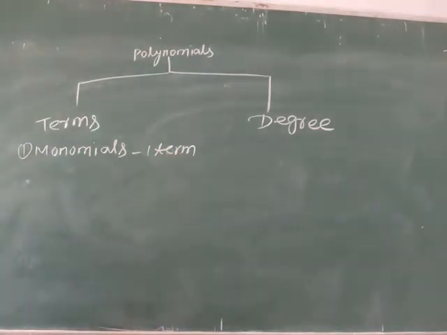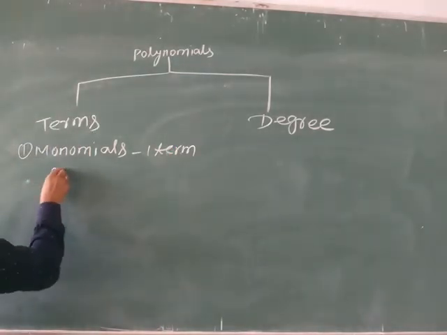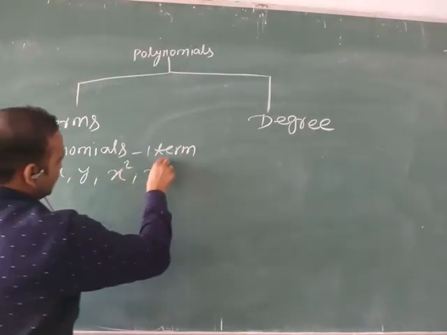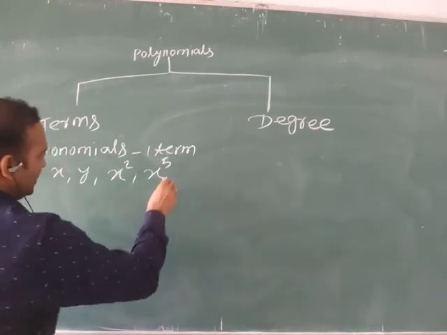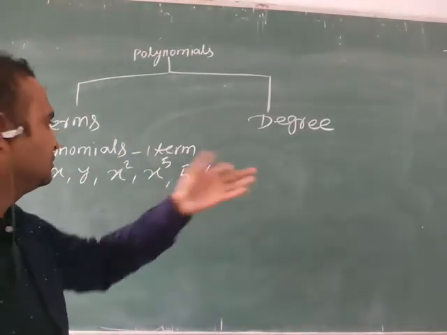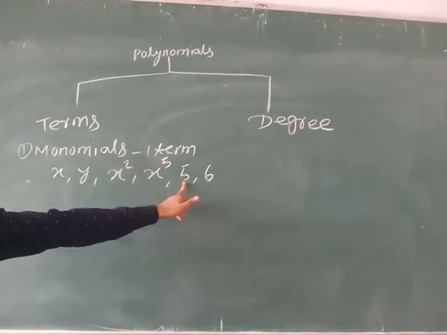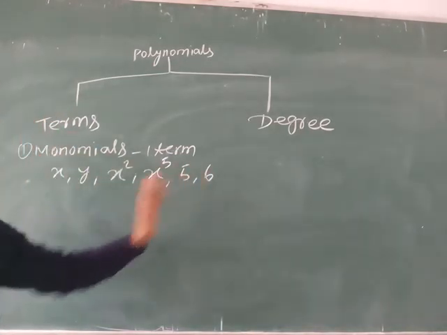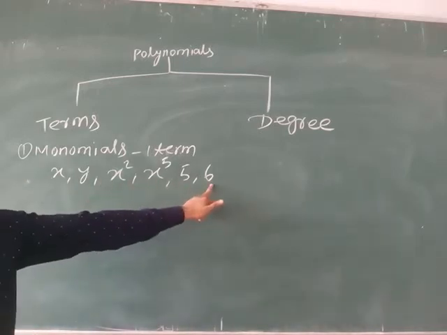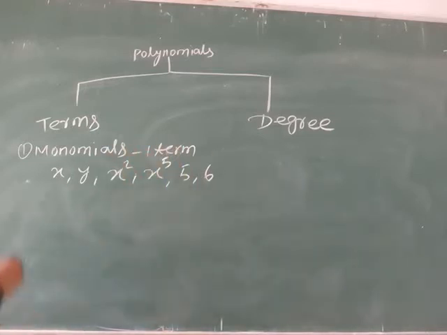We may give examples of monomials: x, y, x square, x to the power 5, and 1, or 5, 6. These are also polynomials. It is a constant polynomial. And here the term is 1, so these are all monomials.